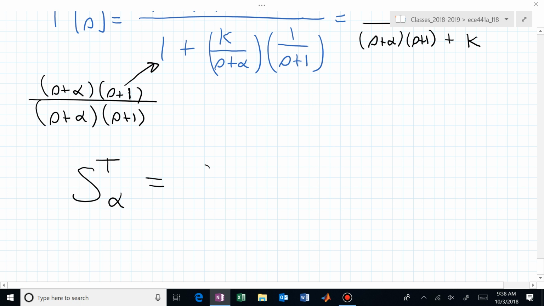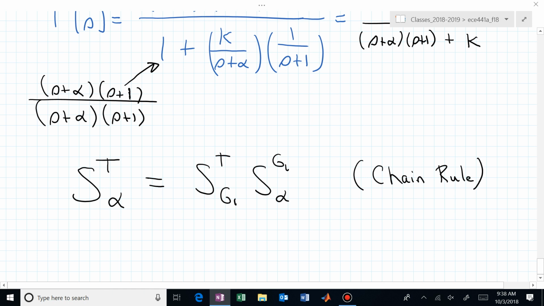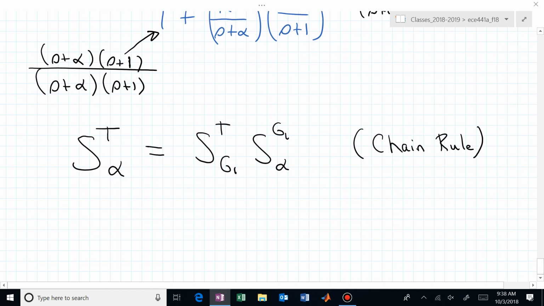We're going to find the sensitivity of T with respect to G1 and then multiply that by the sensitivity of G1 with respect to alpha. Because we have the transfer function as a function of G1 and we have G1 as a function of alpha, let's just use those pieces separately and put them together to find the overall sensitivity.